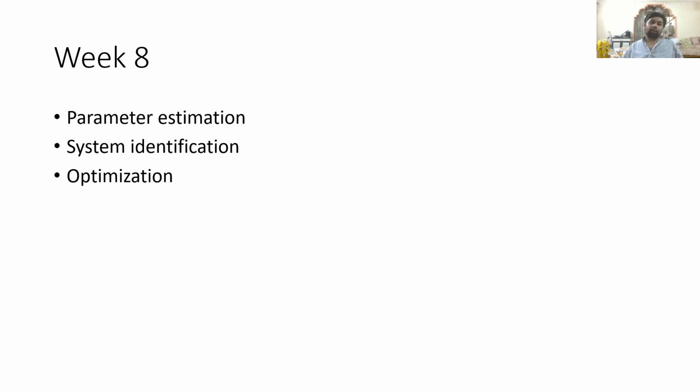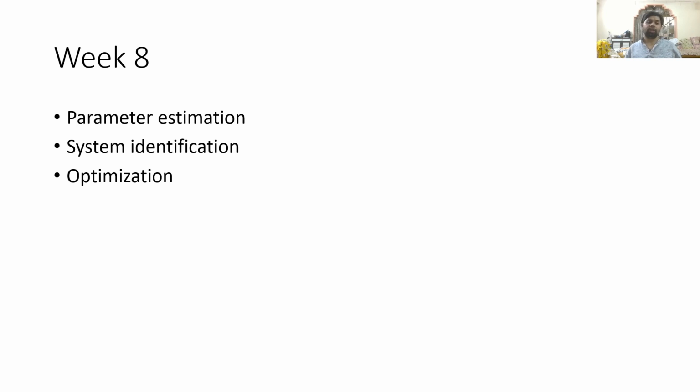In parameter estimation, when we have a certain model and the parameters are unknown, we can use certain parameter estimation techniques. By applying linear regression and then using the least squares method, we can derive the unknown parameters.